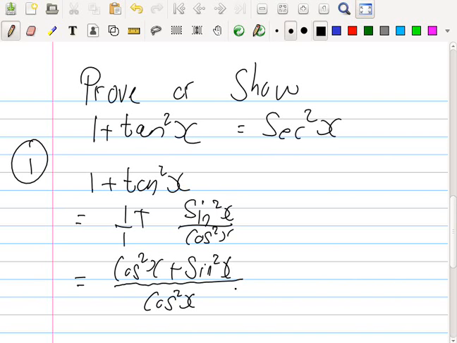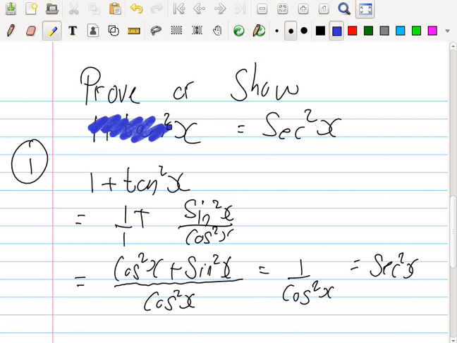But what's cos squared plus sine squared? 1. And what's 1 over cos? That's sec, secant. So 1 over cos squared is sec squared. So you're finished. You managed to start here and show that you can simplify it into this.